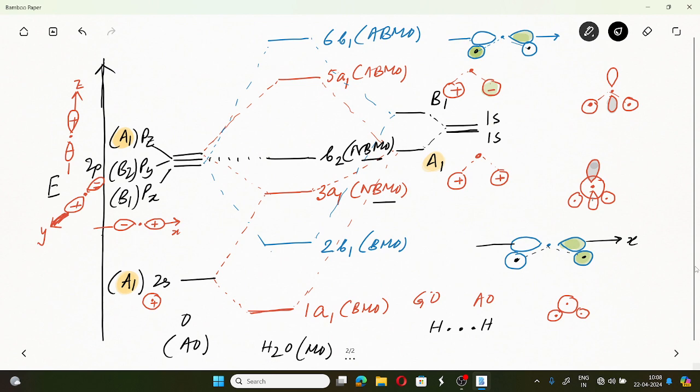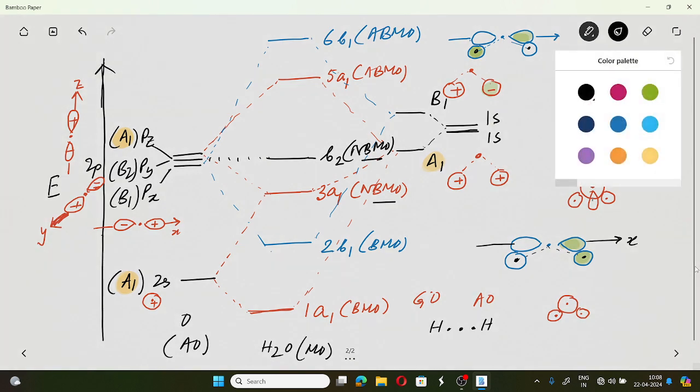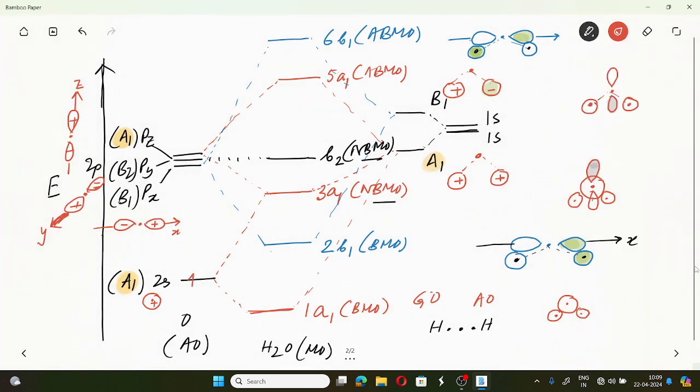Now if you write down the configurations, if you insert the electrons, oxygen is 2s2 2p4, and for the two hydrogen atoms it's like this. The configurations in atomic orbitals and group orbitals will be similar.